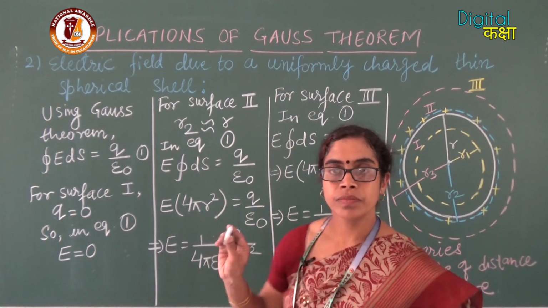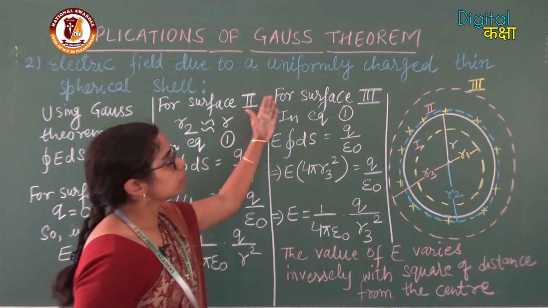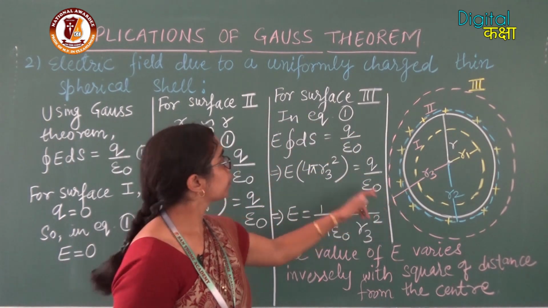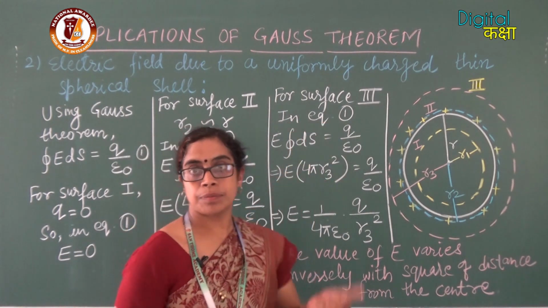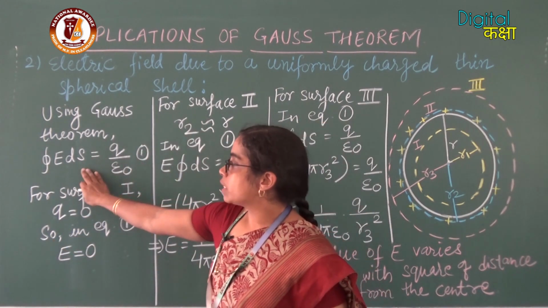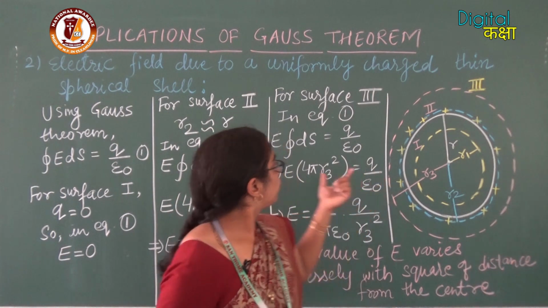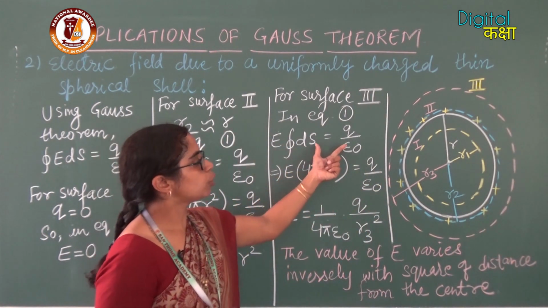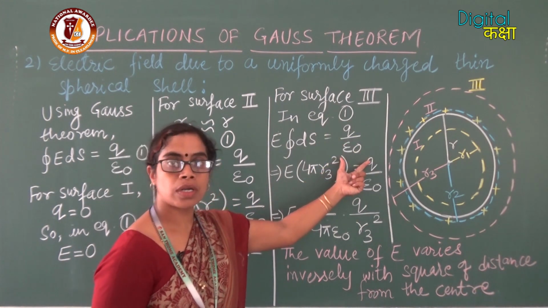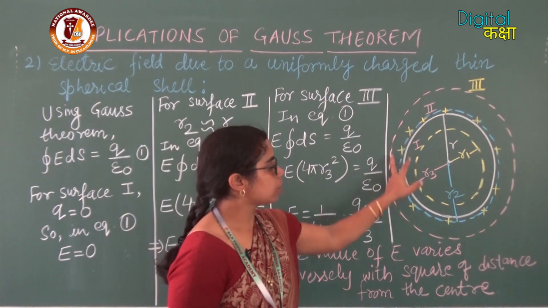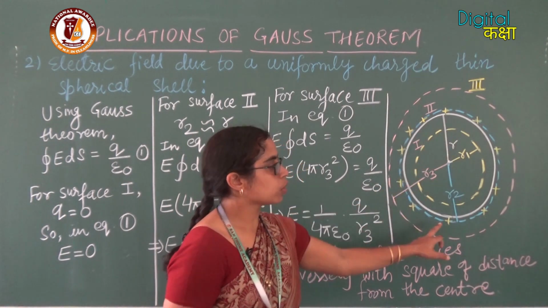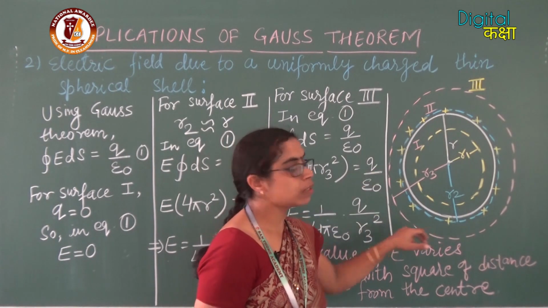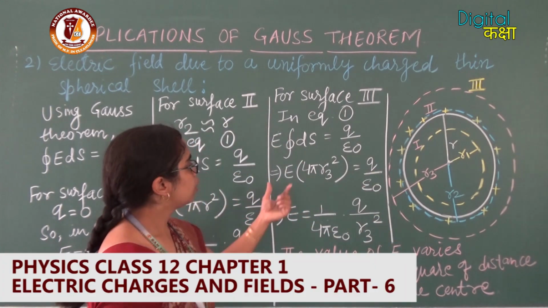Coming to the third surface, which has the radius r3. In equation number 1, when we substitute the value, we see that E integration of ds is equal to Q upon epsilon naught. Here Q, the total charge present on the shell, is completely enclosed within this third Gaussian surface.